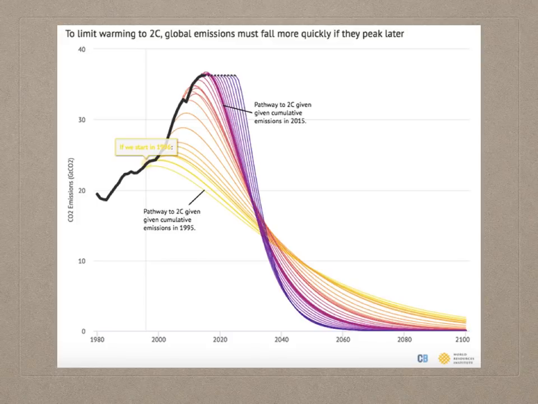And the point here is that if we had started to reduce our emissions back before the year 2000, we could have slowly and gently reduced those emissions over the next 80 or 90 years to meet that target of keeping the temperature less than 2 degrees.